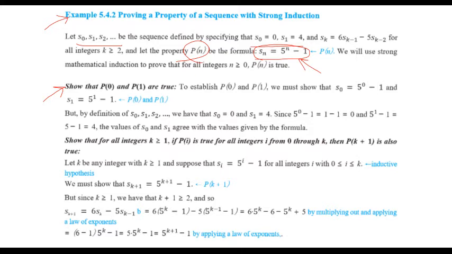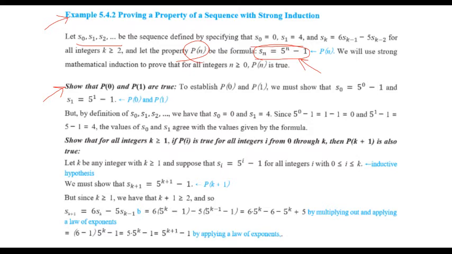So 0 is the fixed integer A in this problem, and 1 is the second fixed integer B. The basis step wants us to prove that P of 0 and P of 1 are both true.